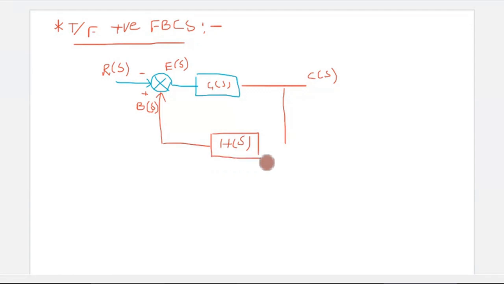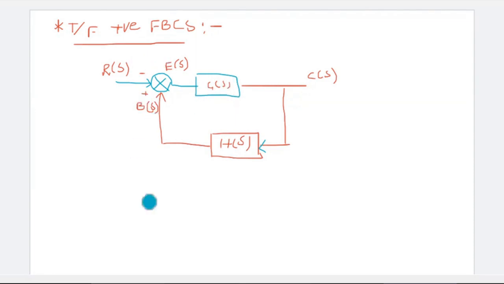Okay, in control system we have so many derivations, ma'am. So we have to write everything. It takes time, ma'am. Okay, this is the block diagram representation of positive feedback control system.